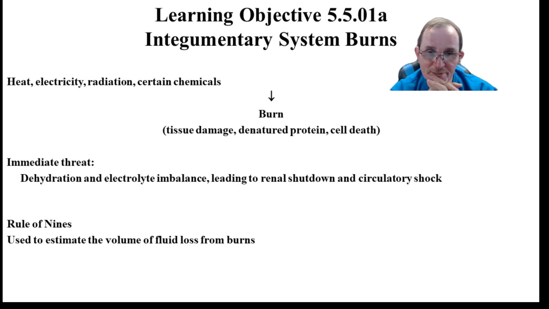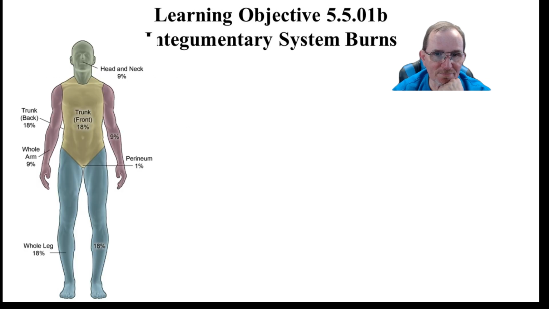So you've probably heard on the news people talking about people that were burned over so much percent of their body. There's a couple of ways of estimating that, and I'm sure in the actual burn centers they have a much more sophisticated way, but we generally do the rule of 9s. The rule of 9s just says that your head and neck, all total, is about 9% of your body surface.